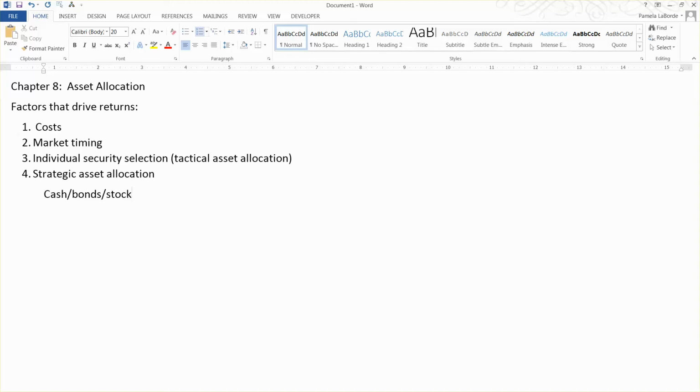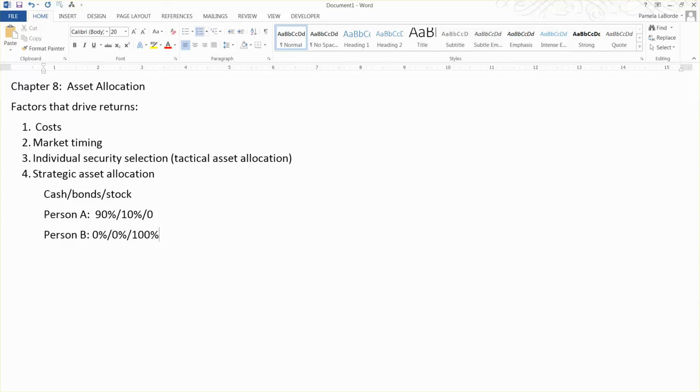Let's say person A decides to do 90% cash, 10% bonds, and no stocks. And person B decides to do no cash, no bonds, and 100% stocks. And let's say this is a long term investment, they're saving for retirement. Person A is going to be so much better off. Sorry, person B, big difference.